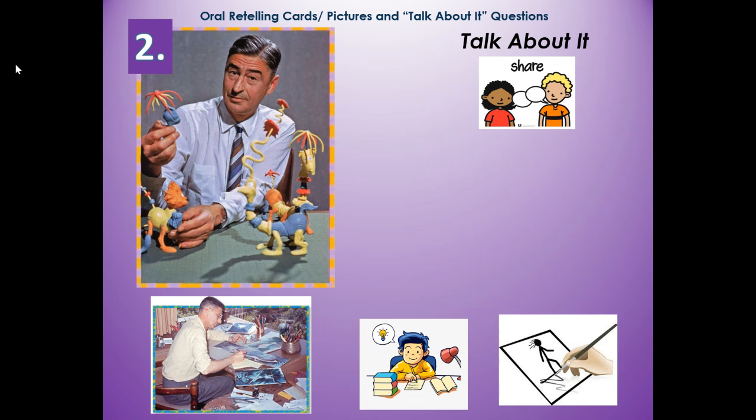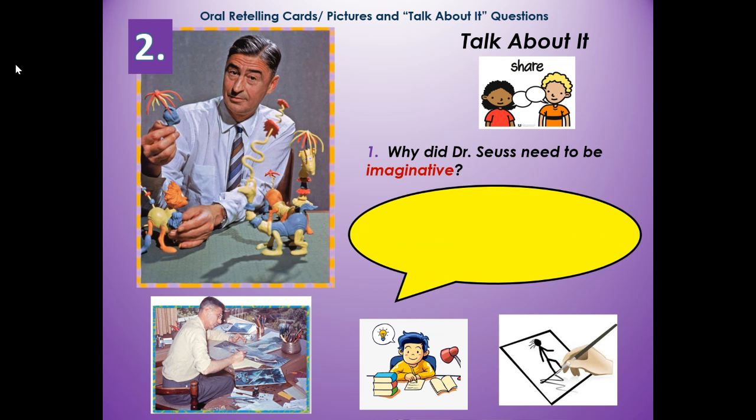All right, here's another important detail from the biography. Why did Dr. Seuss need to be imaginative? Why did he have to use his imagination? He needed to be imaginative because, so say that in your sentence.